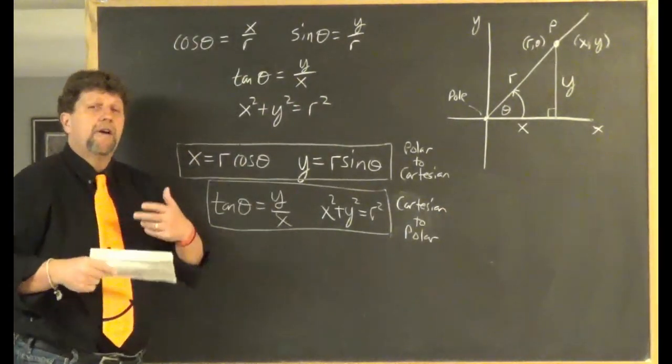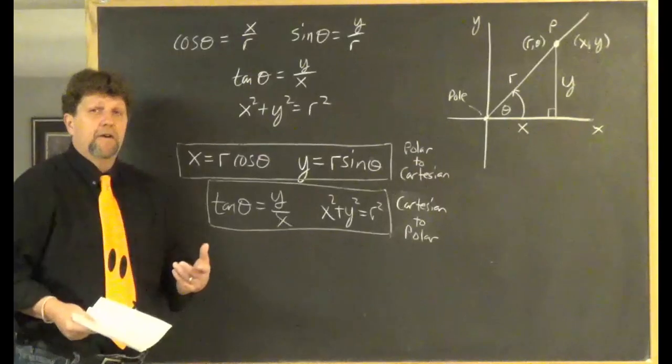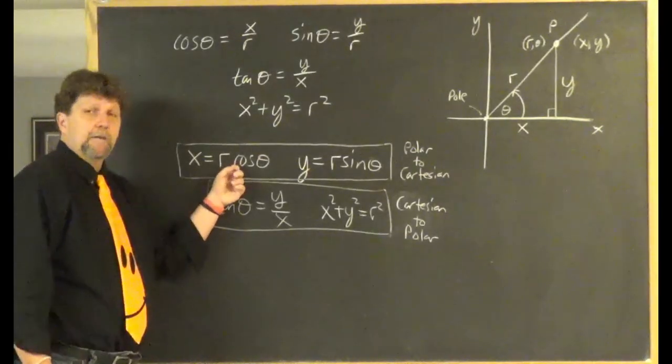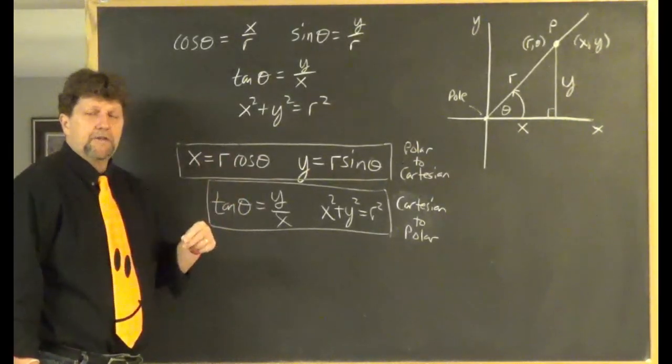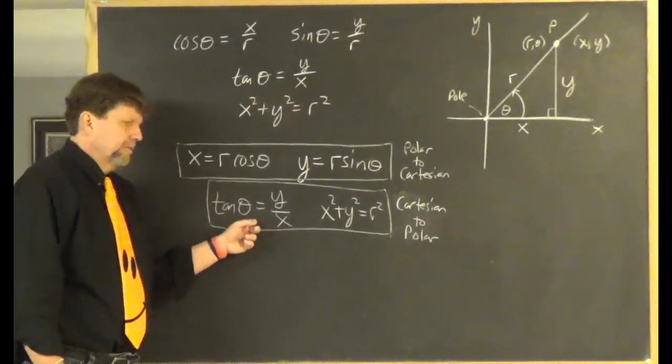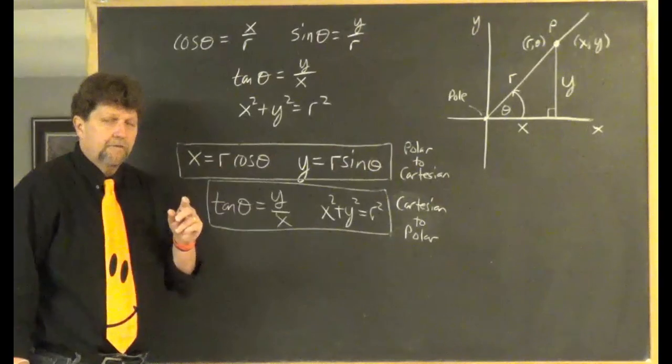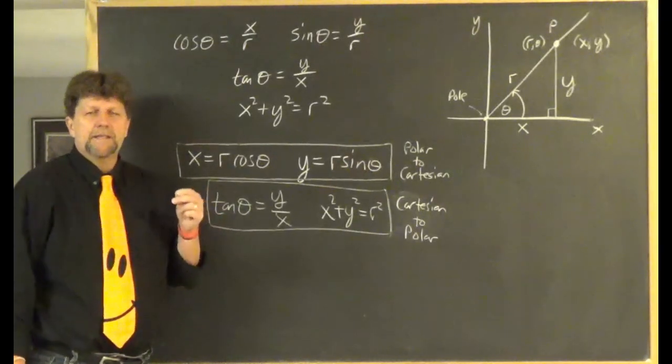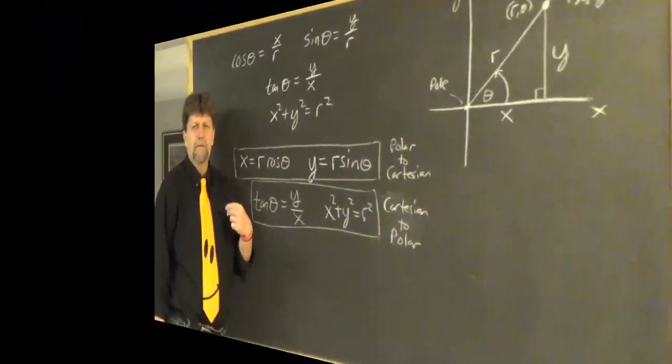So it's going to be very, very straightforward and fairly easy to take polar coordinates and convert them to Cartesian. It's not so bad to take Cartesian and convert them to polar. We just have to be a little careful. So let's head back to the slides and see what examples we have.